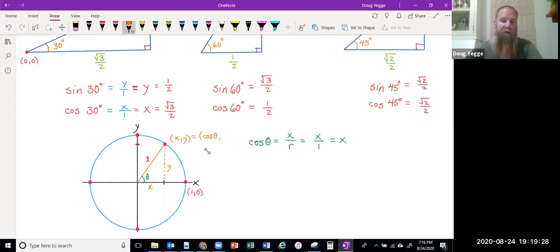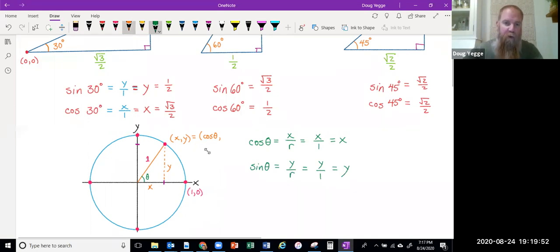So if we want cosine of theta, we're just going to need to look at our diagram for the crossing point on this circle. And likewise, if we take a look at sine theta, if we force the hypotenuse to be 1, since we know that the ratio is y over r, then sine of theta is y over 1, and therefore y.